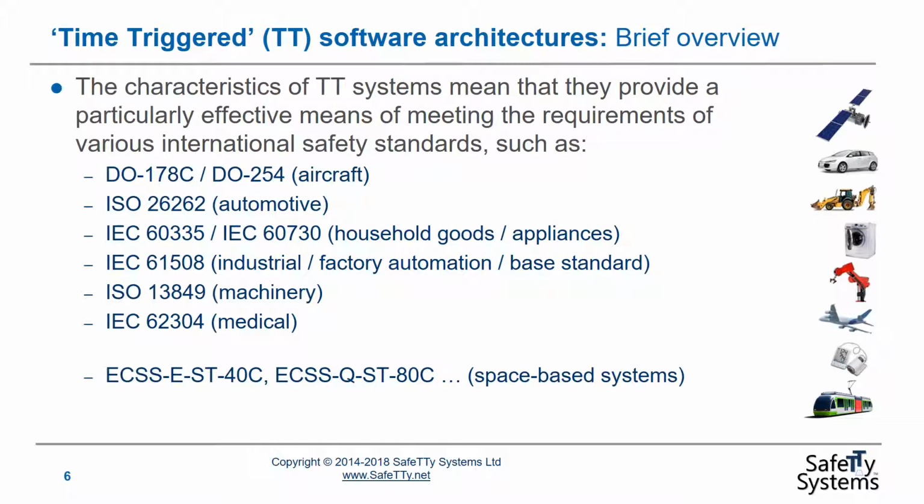So the characteristics of TT systems mean that they provide a particularly effective means of meeting the requirements of various key international safety standards in sectors including civilian aircraft, automotive, high-volume passenger cars, household goods, household appliances, industrial systems including factory automation, and other systems that are developed from the IEC 61508 base standard, machinery designs, medical designs, and, although these are not always safety related, they tend to be high reliability designs, space-based systems.